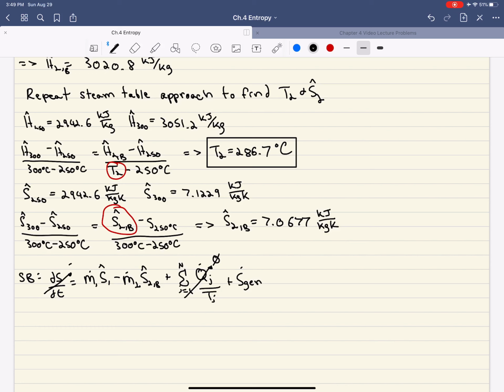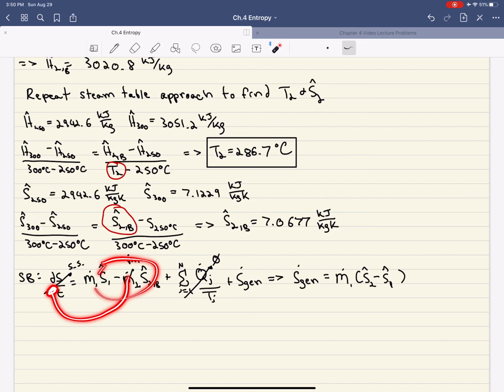We're still operating at steady state. We also know that m2 is equal to m1 still, so we can rearrange this equation so that Sgen is equal to m1 times (s2 hat minus s1 hat). The reason these flipped is that since the left side is equal to 0, I just moved everything to the left hand side. So now we have s2 minus s1.